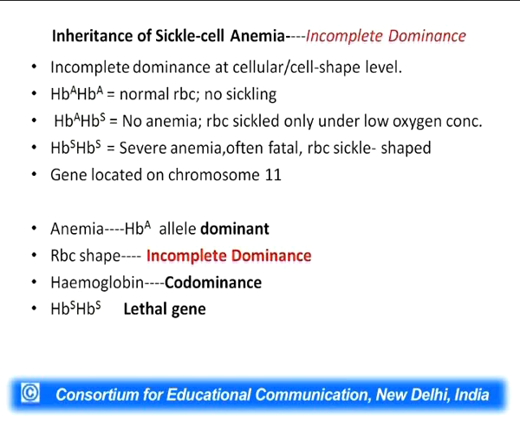The HbA is dominant over HbS as far as anemia is concerned. As far as RBC shape is concerned, it is incompletely dominant, because we saw that the genotype HbA, HbS has no anemia, but only a few RBCs are showing sickling, whereas as far as hemoglobin is concerned, HbA and HbS are showing codominance.